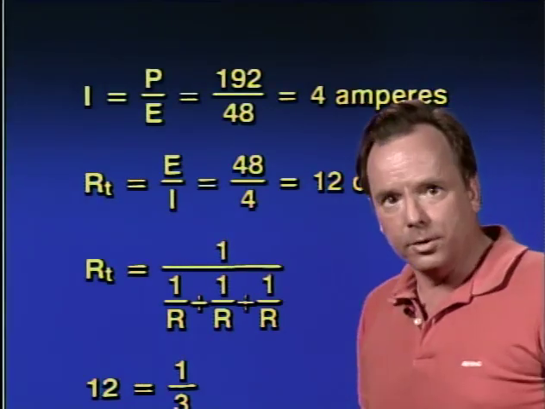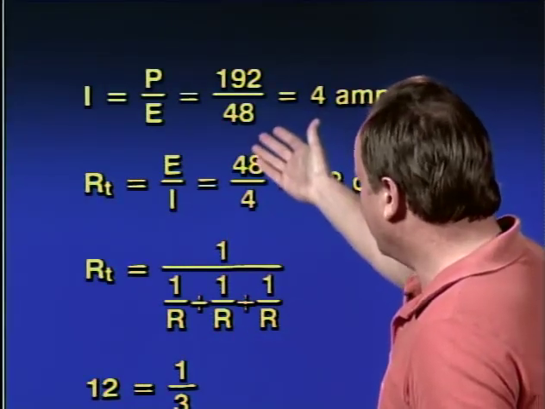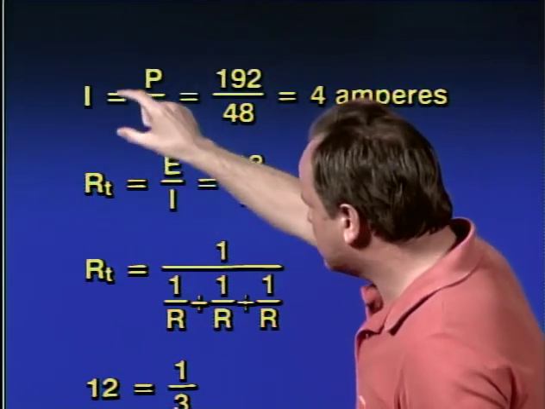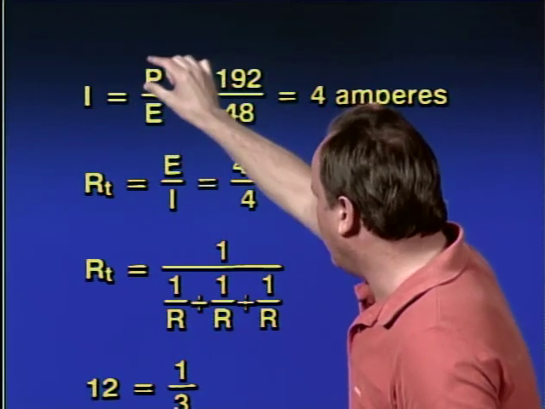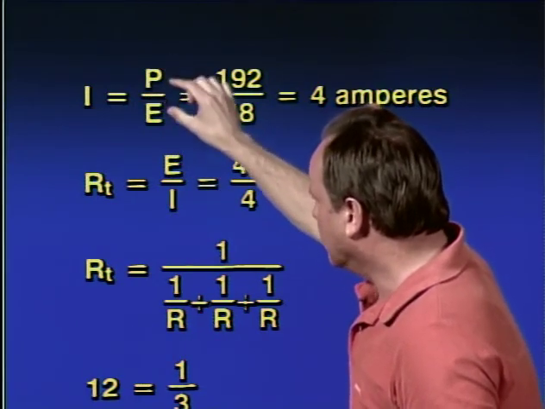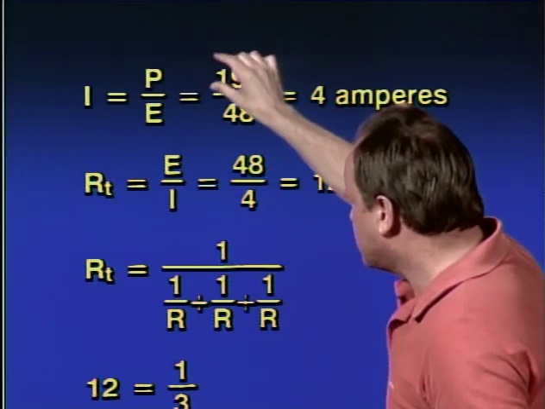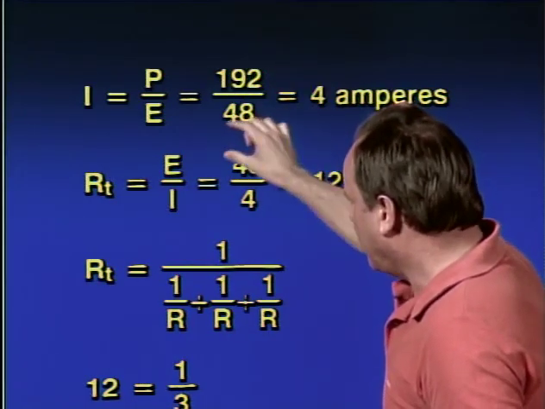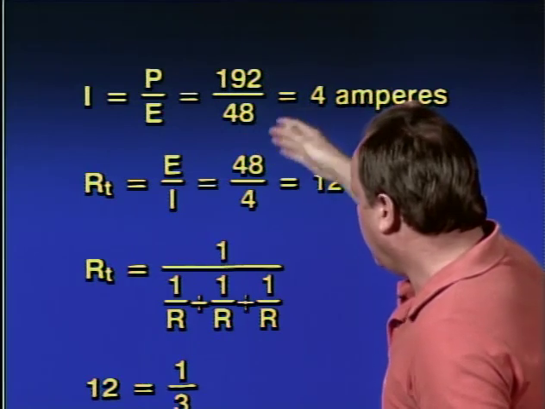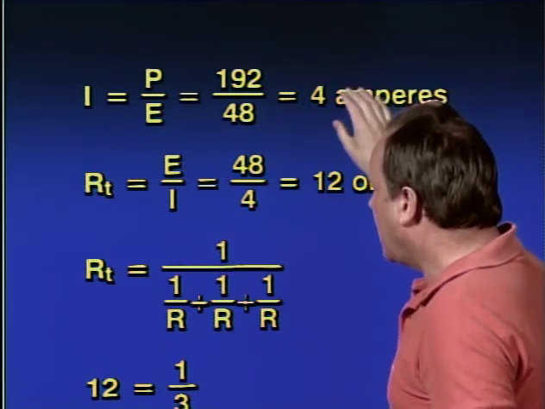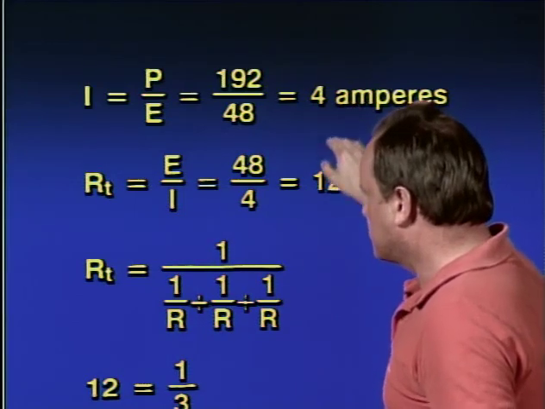To do that, we'll use this law right here. You've seen that before. It's the power law. Okay, first of all, the current is equal to the power in watts divided by the electromotive force in volts. The power in watts was 192, and the volts was 48, and so the current in amperes was 4 amperes. So now we know the current in amperes.